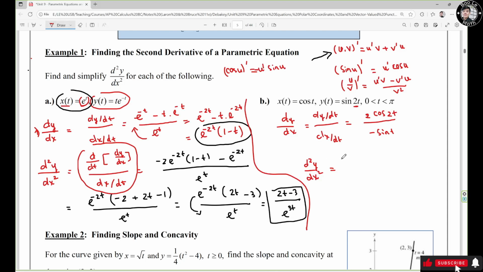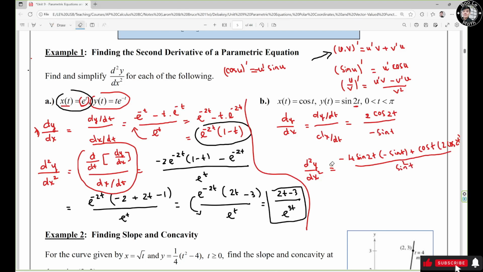So this turns out to be negative 4 sine 2t, because you bring 2 to the front and don't forget the negative sign, times v, which means times negative sine t, minus v prime, the derivative of this one, which equals negative cosine t, so the minus and the negative become positive cosine t, times u, which means times 2 cosine 2t, over v squared, which means sine squared t.